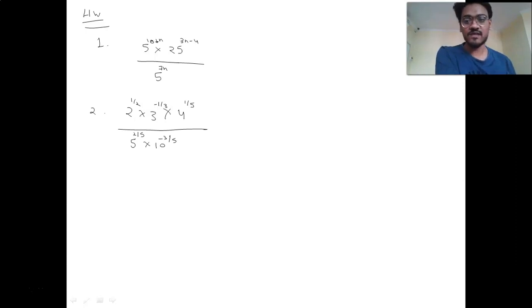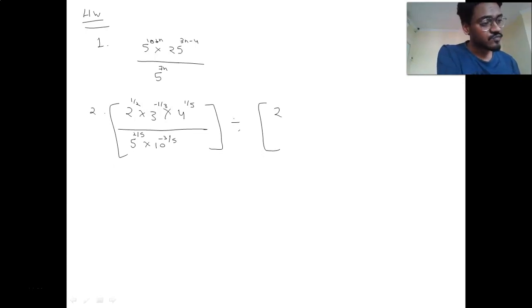And see, you have to simplify this whole expression, and after simplifying you have to divide by this: 2 raised to the power minus 1/2, 5 raised to the power 6/5, in the denominator 3 raised to the power minus 2/3 into 3 to the power 1, means 3.